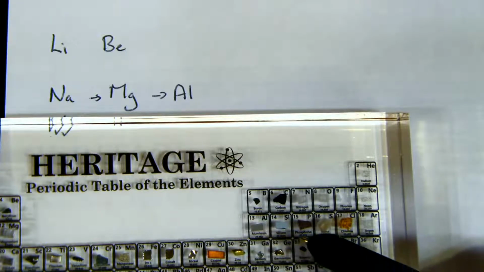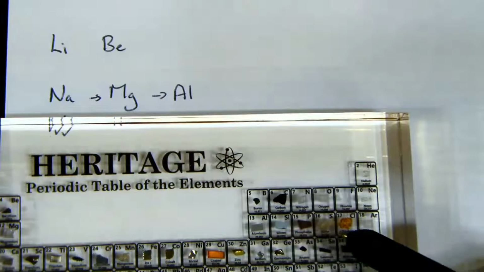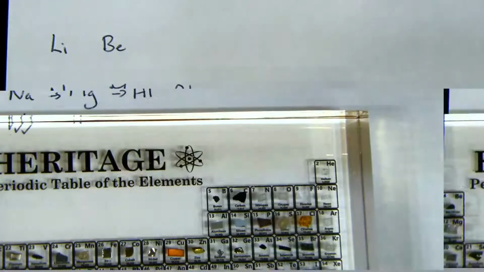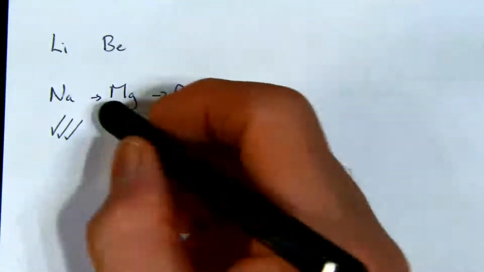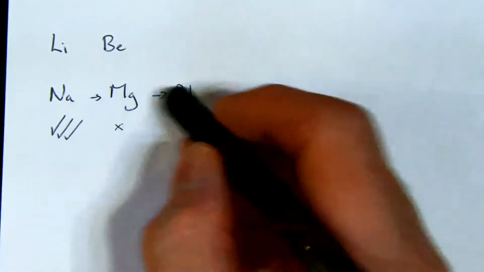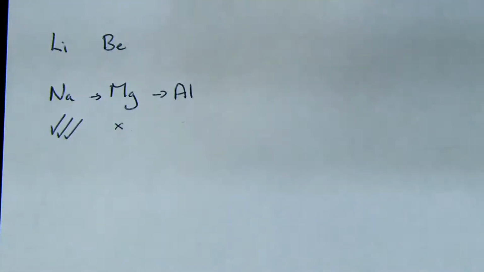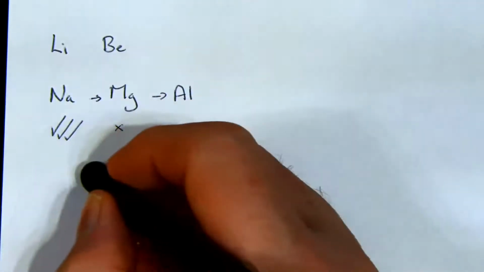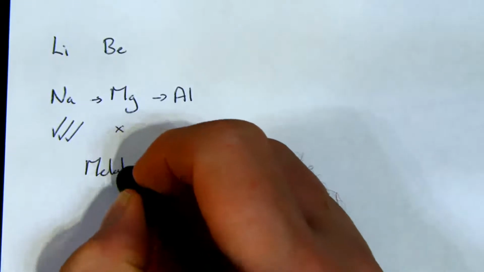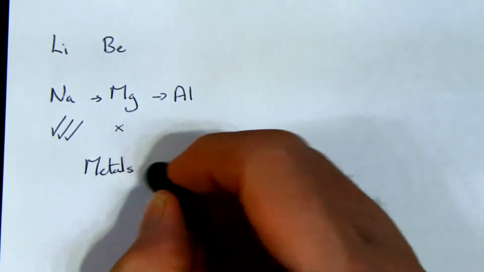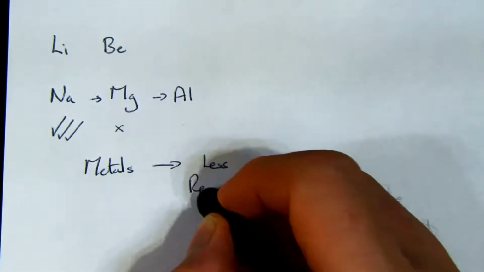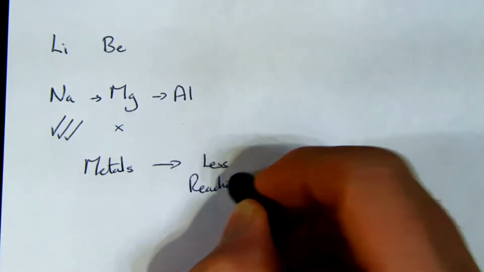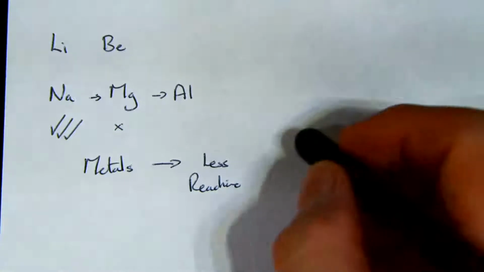And going across my periodic table, then we've got to aluminium, then we get to silicon. Well, not that bad. Phosphorus, sulfur, and then chlorine. So these substances here, well, what can we say about them? Well, we can say the metals here are gradually getting less reactive as they go across. The same is not true when we get to the non-metals.